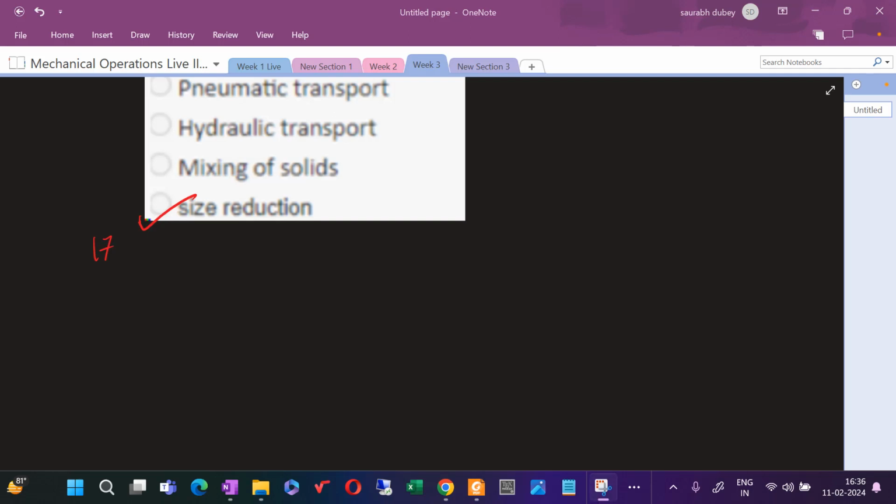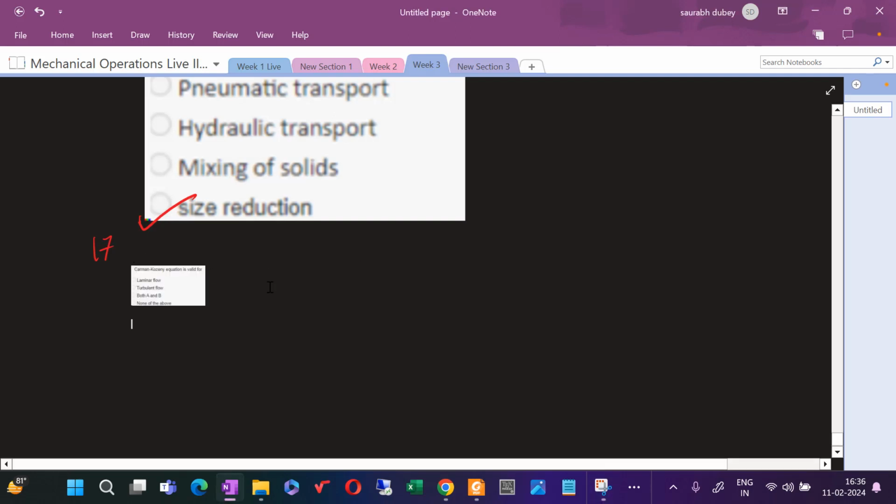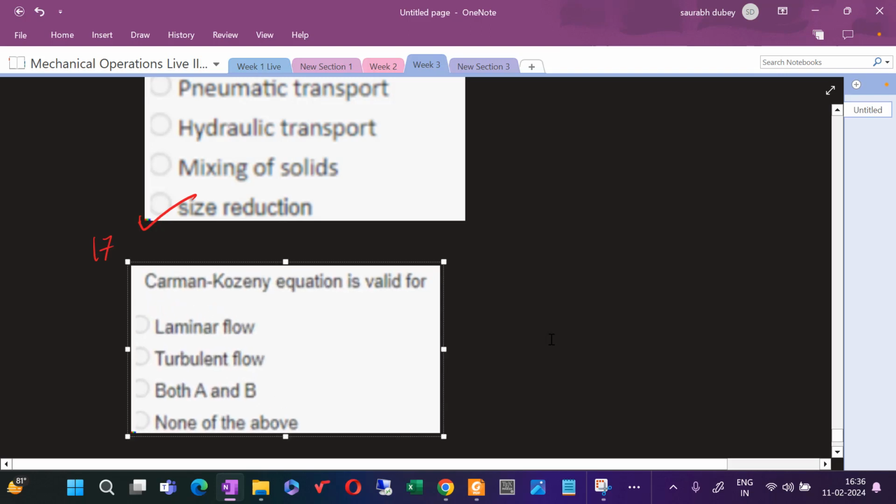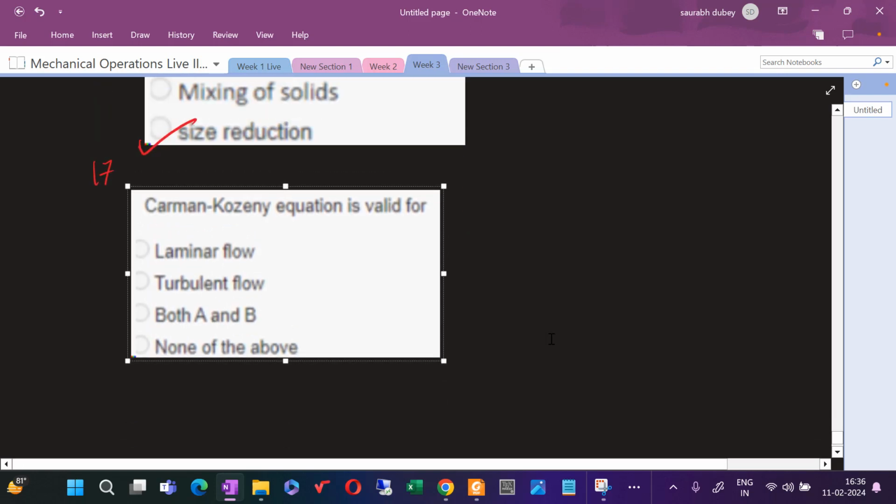This Carman-Kozeny equation we have to solve. The Carman-Kozeny equation is valid for laminar or turbulent flow. As you remember, we have already said that this is valid for the laminar flow situation.